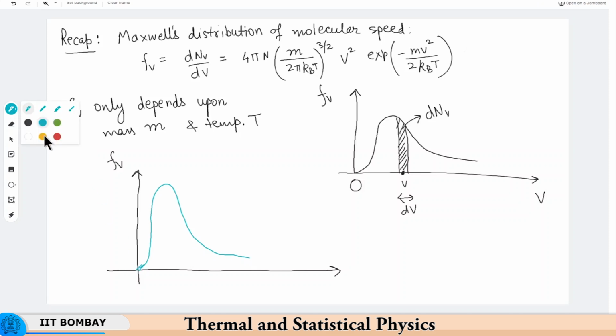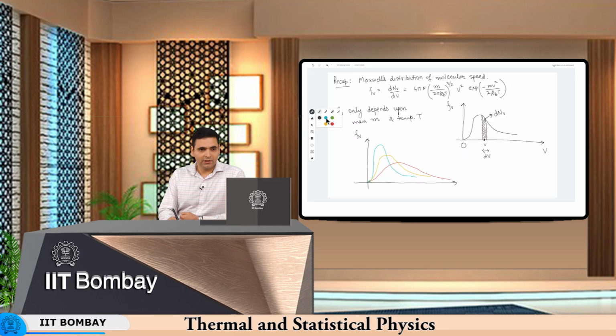Then we can do another one, maybe yellow, and the third one we can do red. The way these 3 curves differ from each other for the same gas is just by the temperature, right. So, if I call T1 for the blue, T2 for yellow, and T3 for red, then clearly we can see that T3 is greater than T2 is greater than T1.